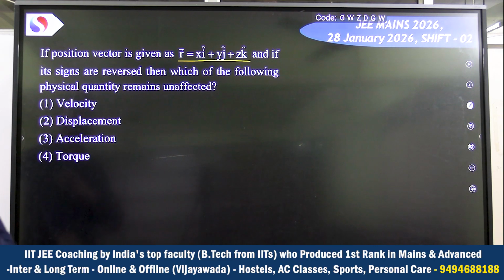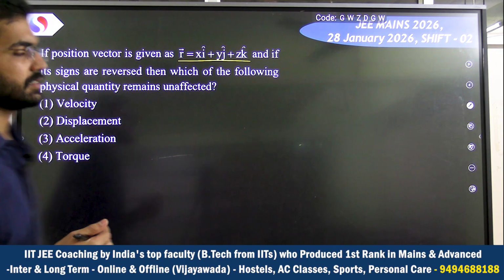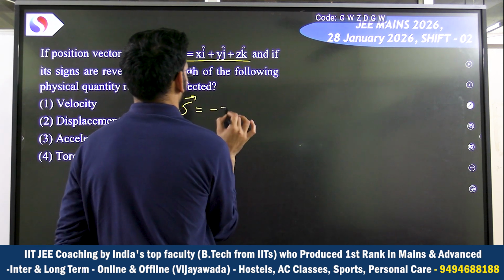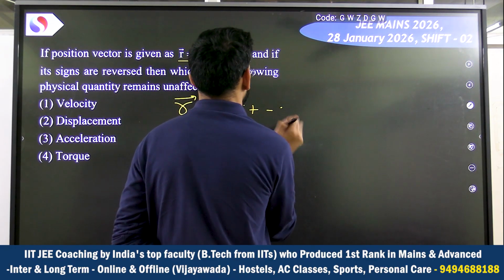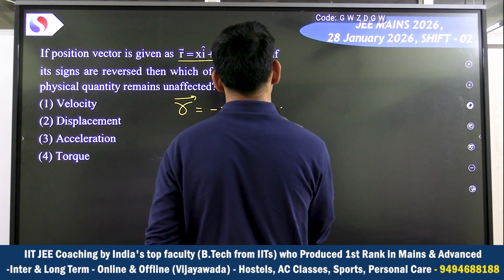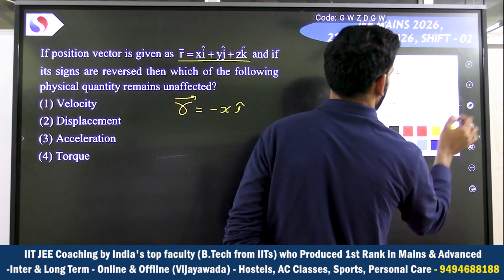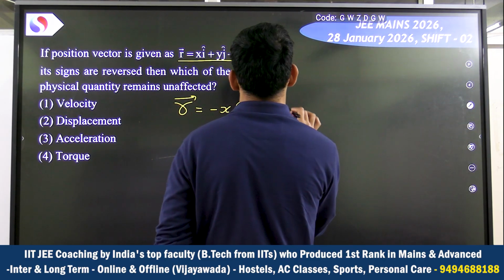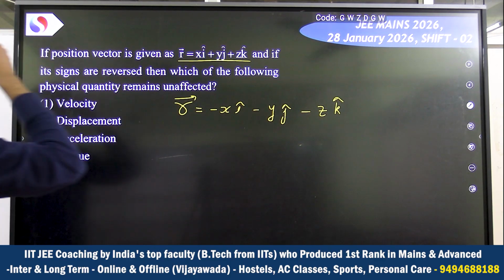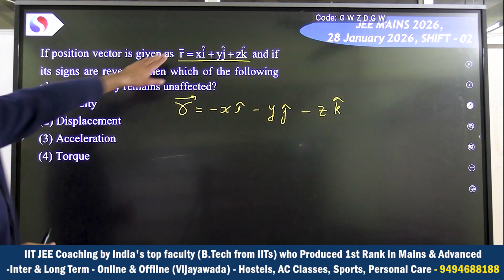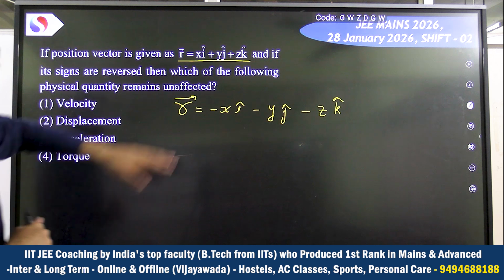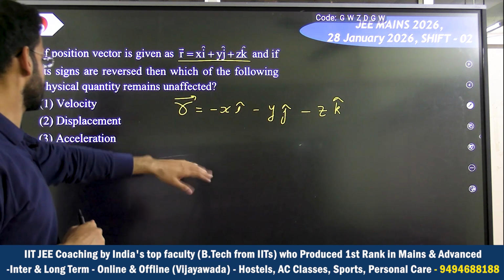If I reverse the sign, x changes to minus x, so r becomes minus x i cap minus y j cap minus z k cap. Which of the following quantities will not change? With the position vector you can calculate velocity, displacement, acceleration and torque, and with this r vector also you can calculate velocity, displacement, acceleration and torque.